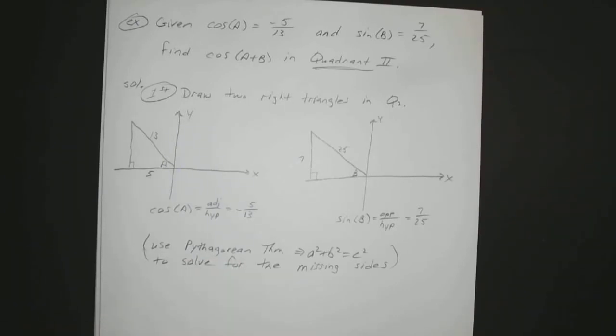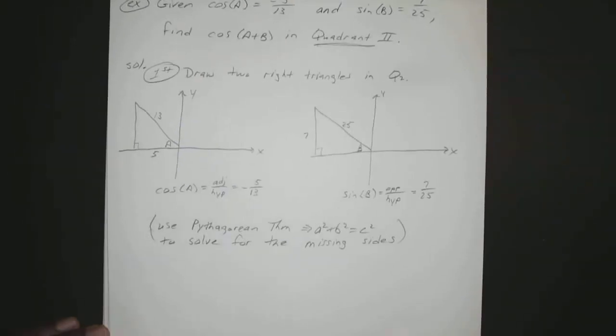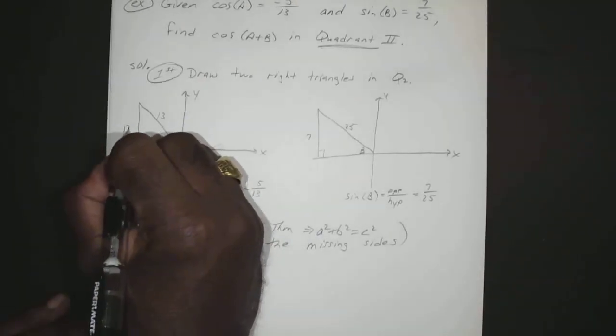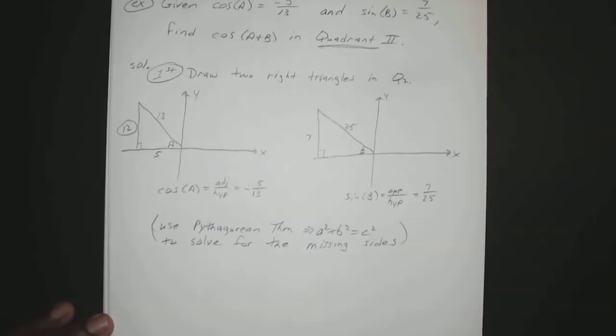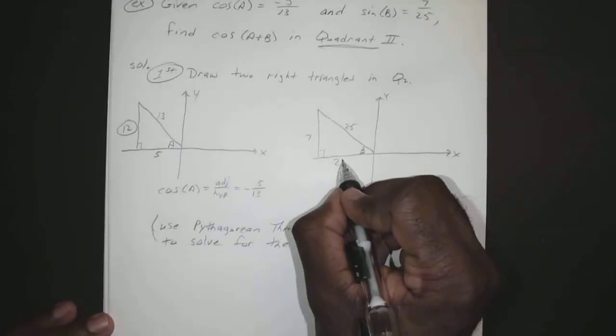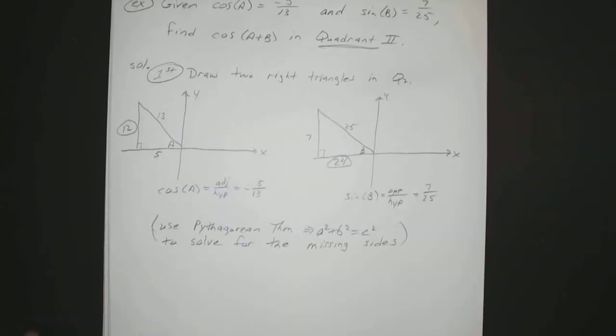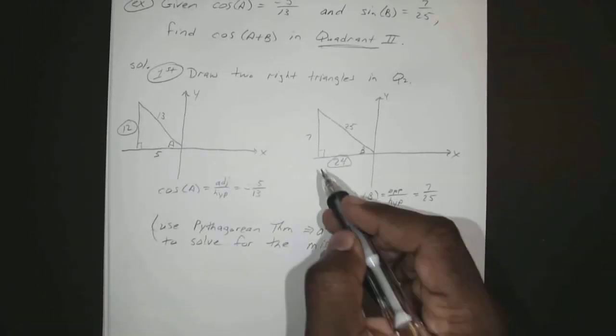Okay. So for the sake of space, I actually did that already, and we ended up with 12 here. And for this one, we ended up with 24. And I'll circle those just to know we solved.